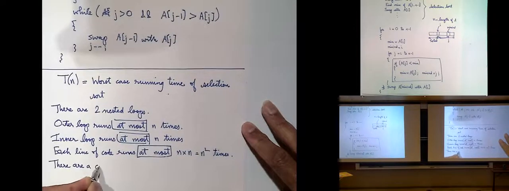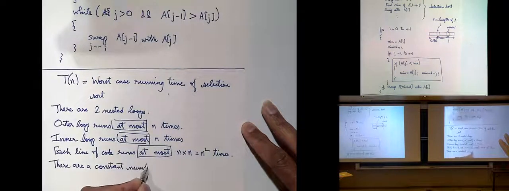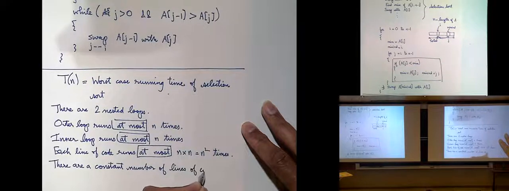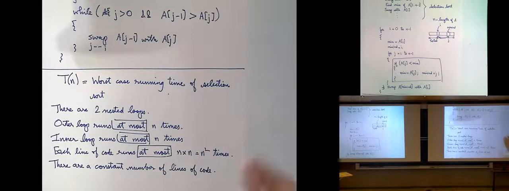There are a constant number of lines of code. What does constant mean? The number of lines of code doesn't depend on n, kind of obviously, because you write down a piece of code and it works for all n.